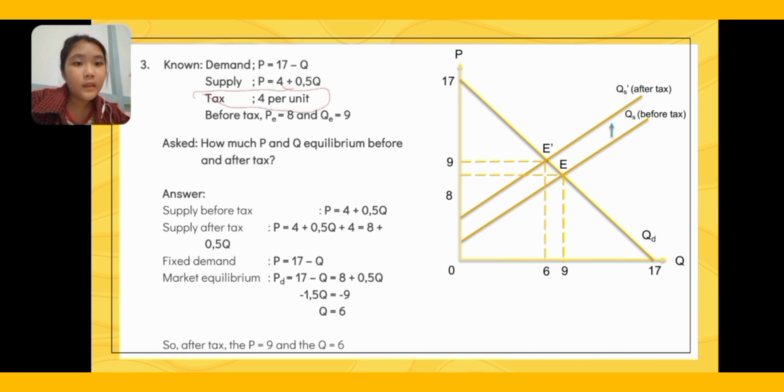So PD, price demanded, equals 17 minus Q equals 8 plus 0.5Q.